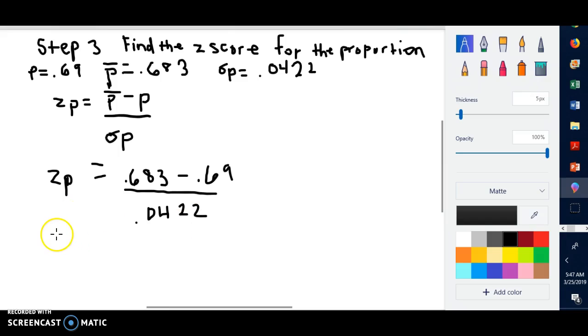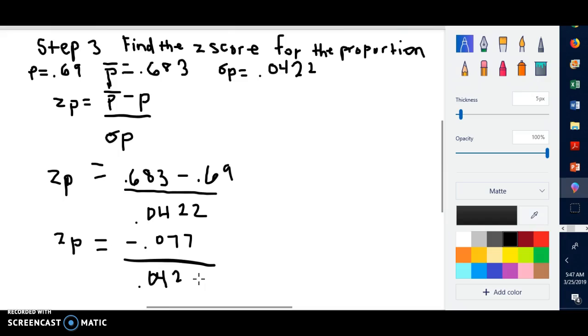0.683 minus 0.69 is negative 0.007 over 0.0422.